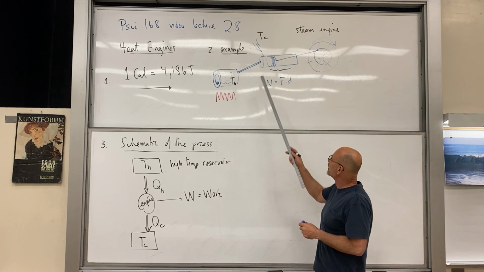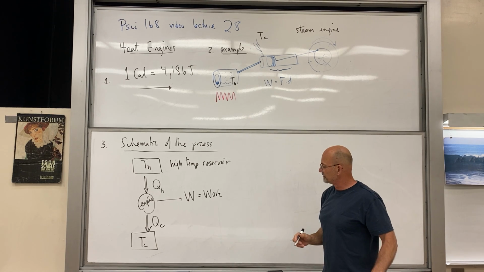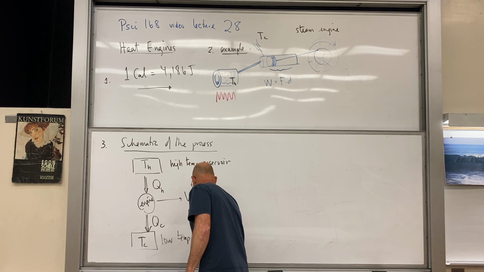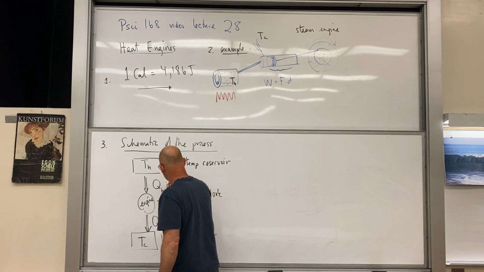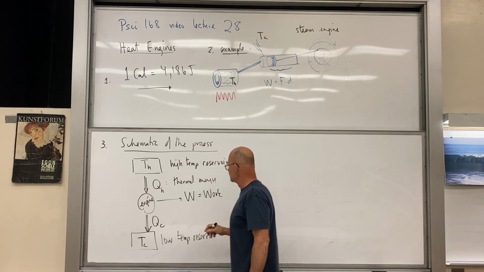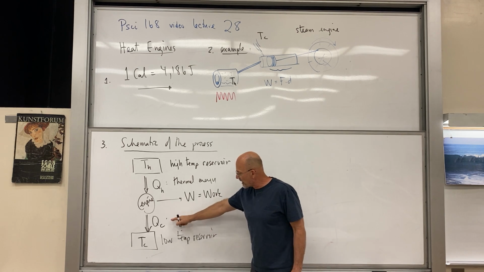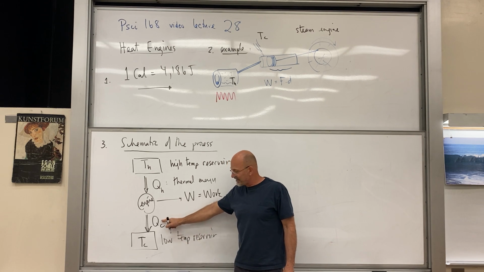In our example up there, the low temperature reservoir is just the ambient atmosphere. So this is the low temperature reservoir. And this is Q sub H, that's thermal energy from the high temperature reservoir, and ditto here, thermal energy being delivered to the low temperature reservoir at that lower temperature.